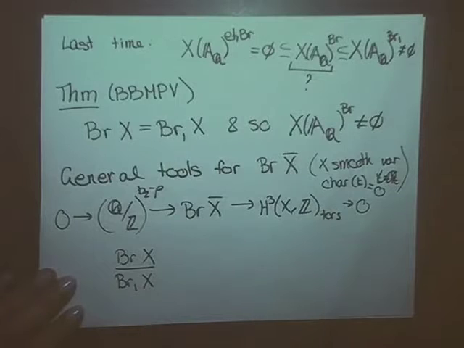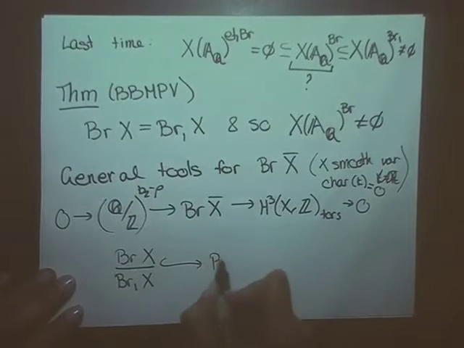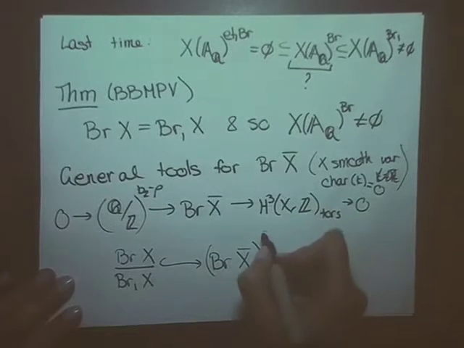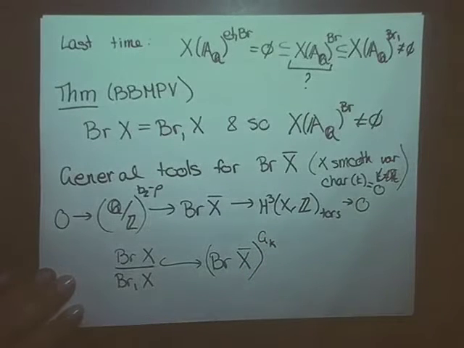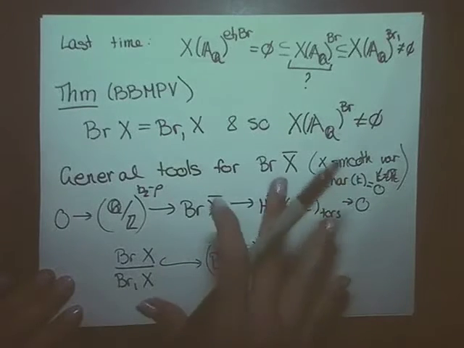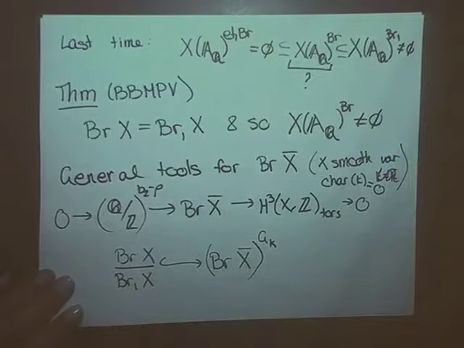Then what about when we look over the ground field? Just by definition of the algebraic Brauer group, if we look at Br X mod Br_1, we get an inclusion into Br X bar. And not only do we know it lands there, but it lands inside the Galois invariant part. So if we know the structure of Br X bar as a Galois module, then that shrinks this down even more.